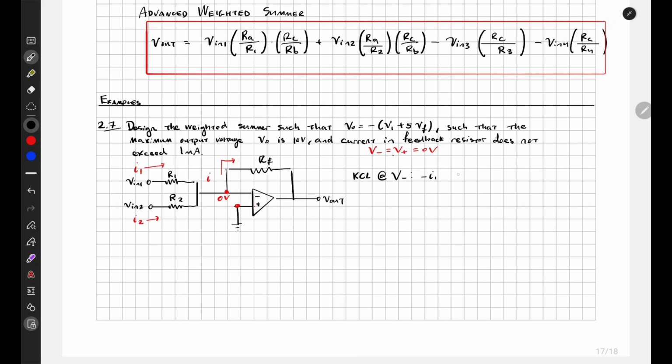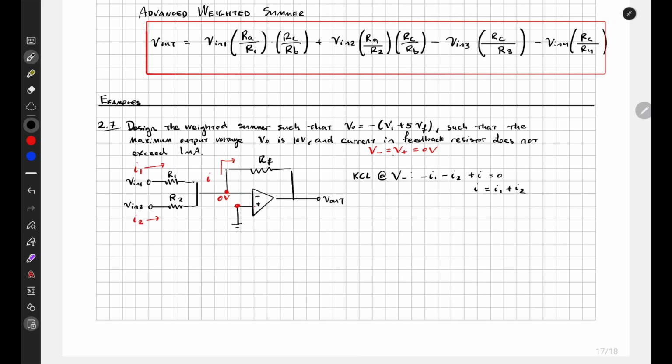Likewise, I2 is going in, so it also has a minus sign. And then I is going out, so it has a plus sign. KCL says the summation of all the currents going to the node is 0. So we just rearrange and solve: I is equal to I1 plus I2.